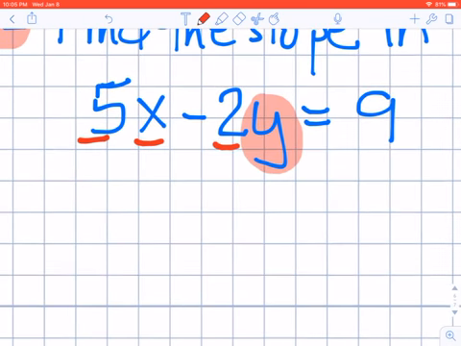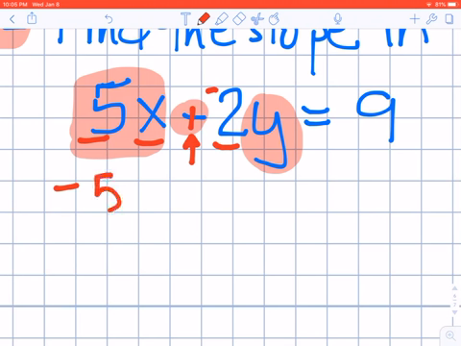Well, it's going to take 2 steps. The first thing we'll choose to get rid of is, looking at that minus sign, I'm going to get rid of the 5x. And again, because the 5x is joined by addition or subtraction there, think of that as addition, and so the 5 is negative, so I'm going to add -5x to both sides.